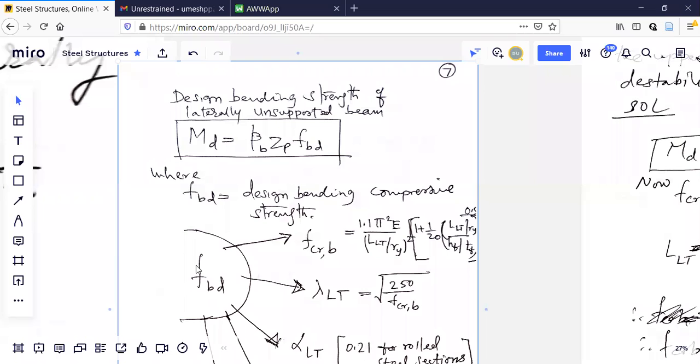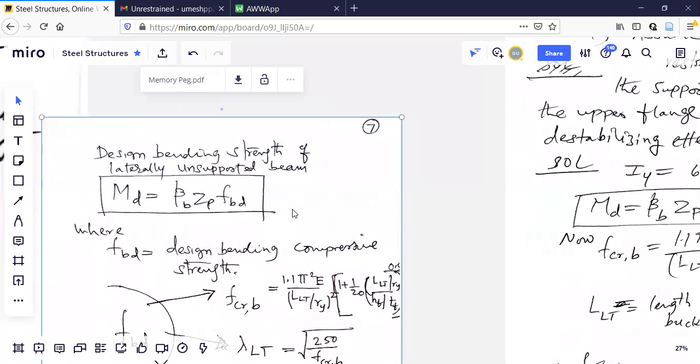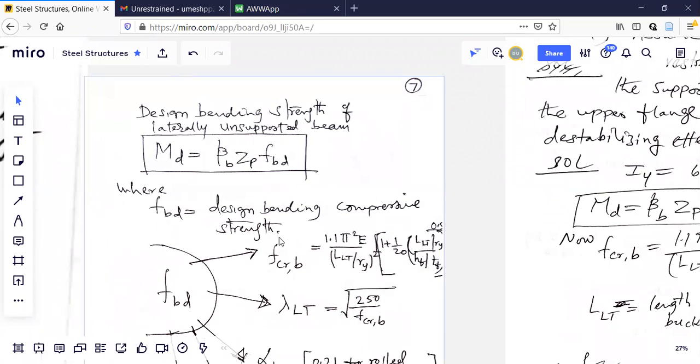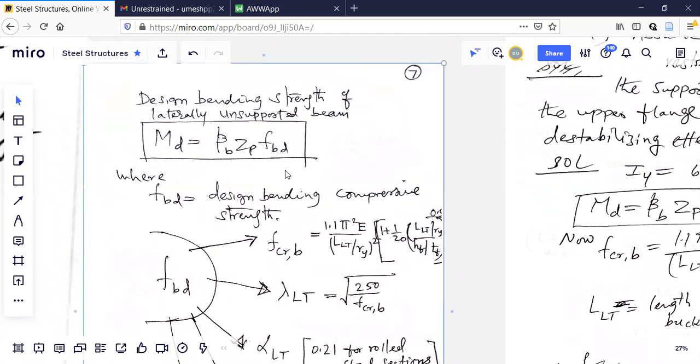Good morning, everybody. Here, design bending strength of laterally unsupported beam. You can see the formula remains the same, whether it is laterally supported or unsupported.